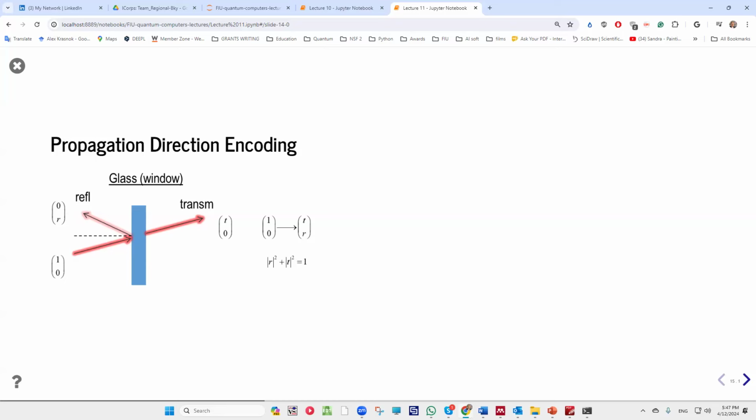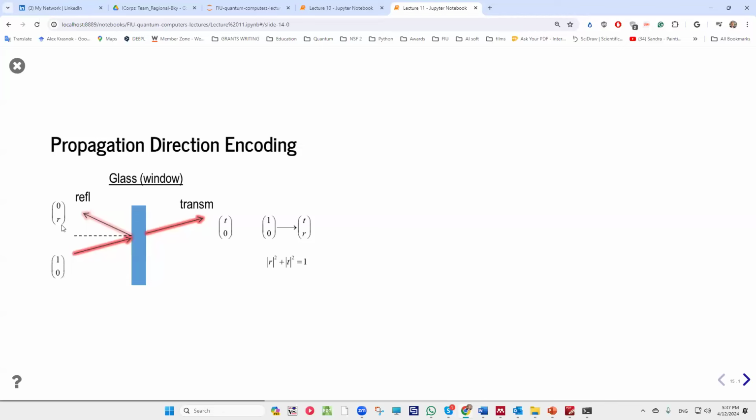And here, if you look at a piece of glass, like a window, you of course know that light doesn't propagate perfectly through a window. It is partially reflected. You always get some reflected signal or reflected number of photons.